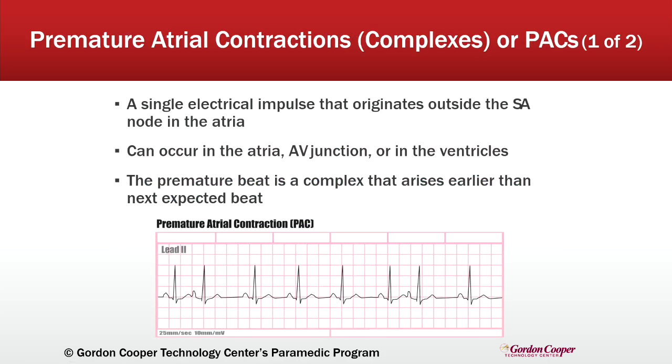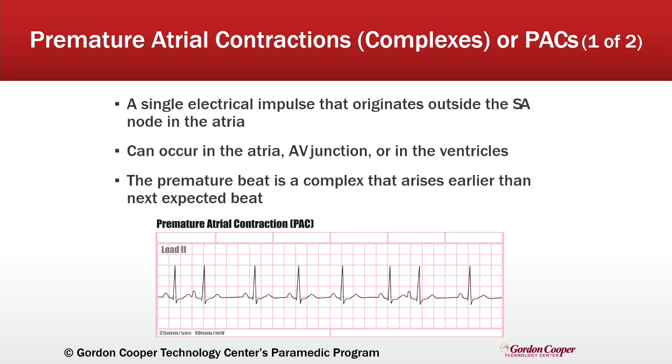Now let's talk about PACs. A premature beat occurs when a single electrical impulse originates outside the SA node. It can come from the atria, the AV junction, or even the ventricles, just talking about premature beats as a whole. This impulse causes an early beat, which is why it's referred to as a premature beat.